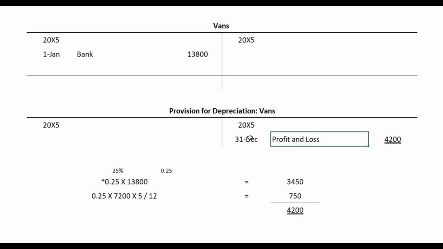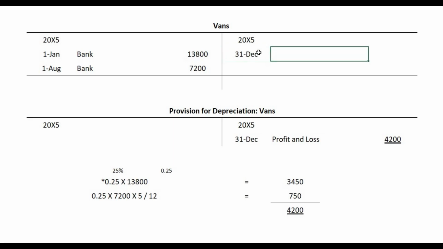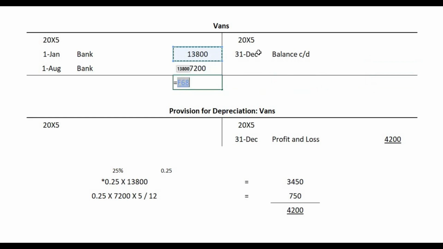Now let's just calculate the closing balances of both. First of all, closing balance of, oh, we didn't mention the 1st August entry of the third van. Bank, and the amount was £7,200. And on the credit side, for the closing balance, 31st December, balance carried down, and if we calculate the total amount of the debit side, add 13,800 and 7,200, we get £21,000.